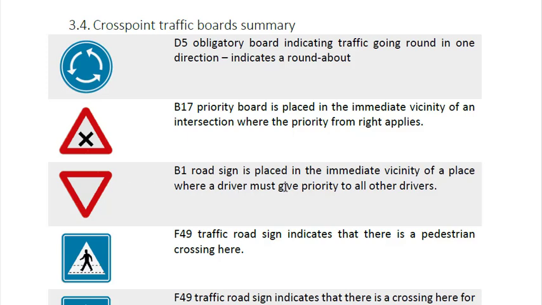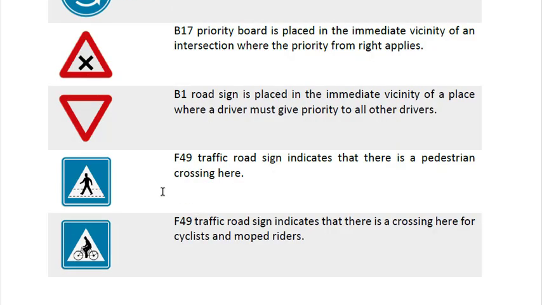So the driver must give priority to all other drivers before entering the other road. The other two boards here are the traffic road signs indicating that there is a pedestrian crossing and there is a crossing for bicycles and mopeds on the road.